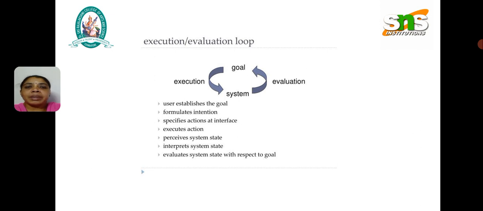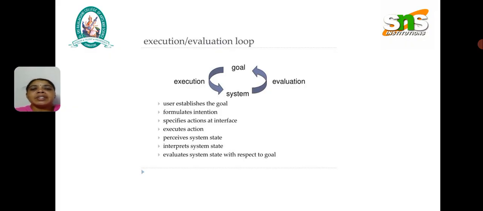Let me see one by one. This is also called the execution-evaluation loop. See the example. We have to achieve some goal we want from the system. From goal to system we have to execute, and from system to goal we have to evaluate. Evaluate means after execution we have to evaluate it.